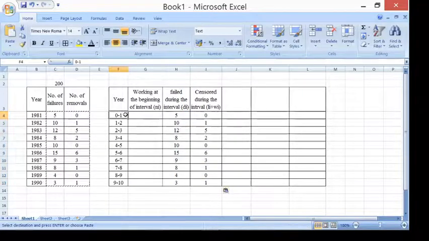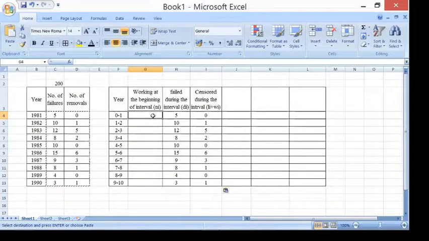During the time interval 0 to 1, 5 engines failed, and 0 engines were removed from the system. That is, there is 0 censoring in the interval 0 to 1. In the interval 1 to 2, there are 10 failures and 1 removal from the system. That is, 1 censoring has occurred.